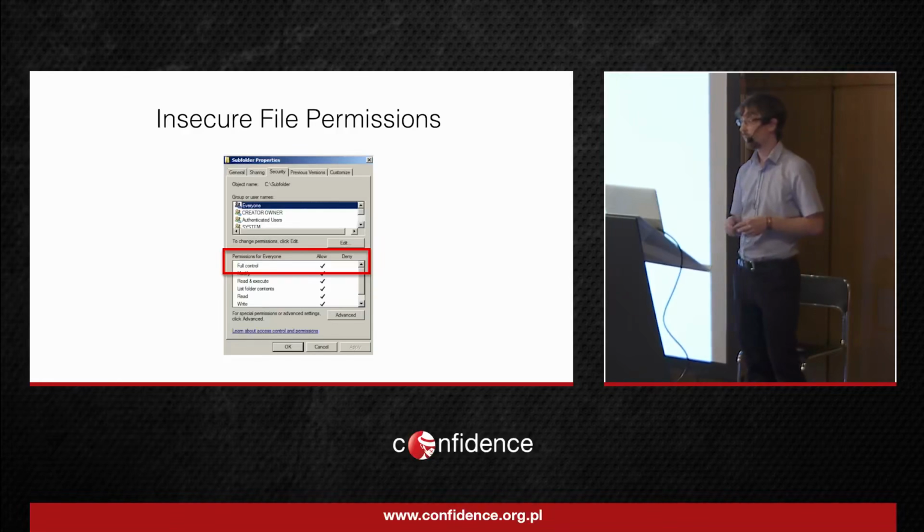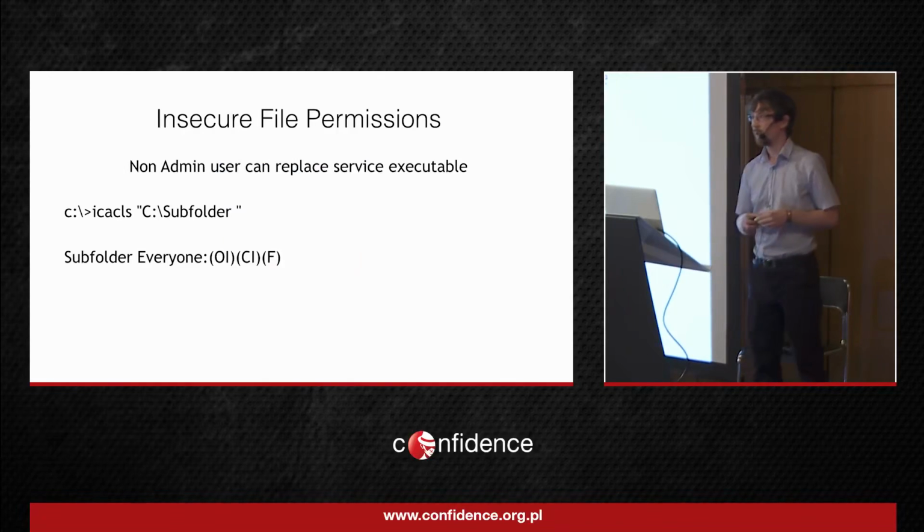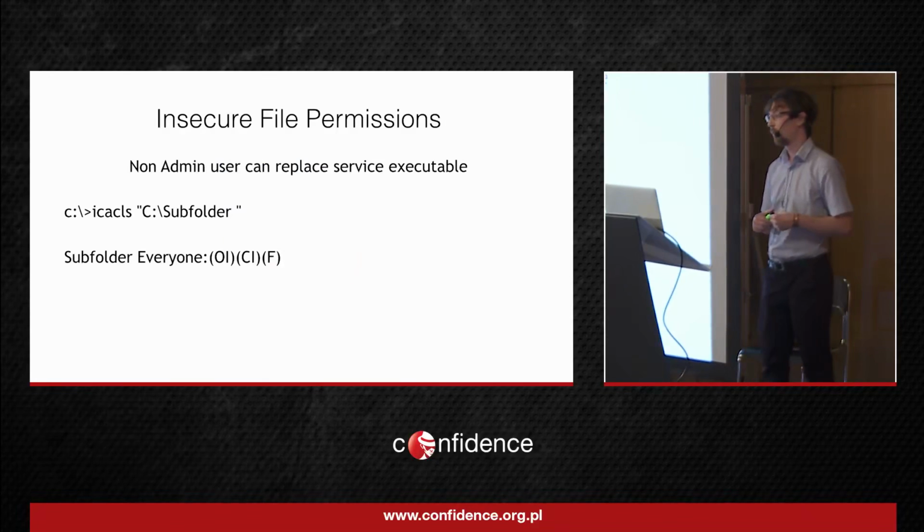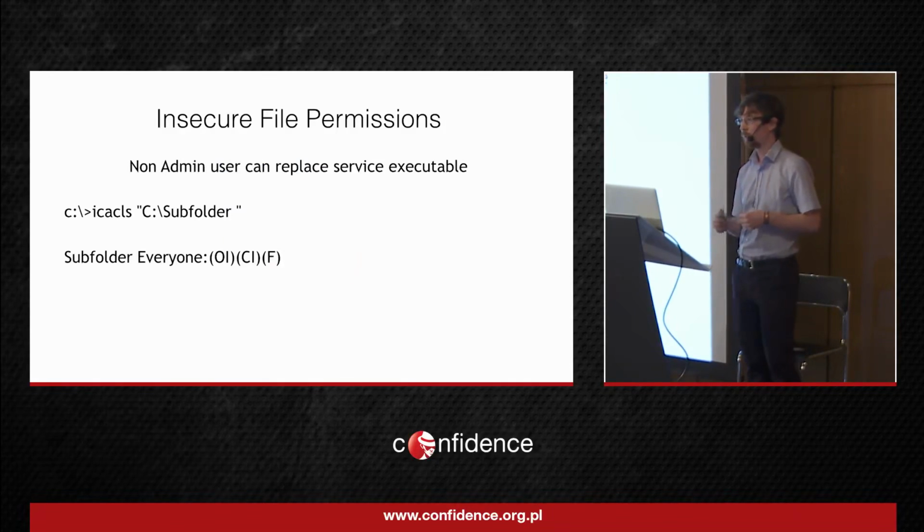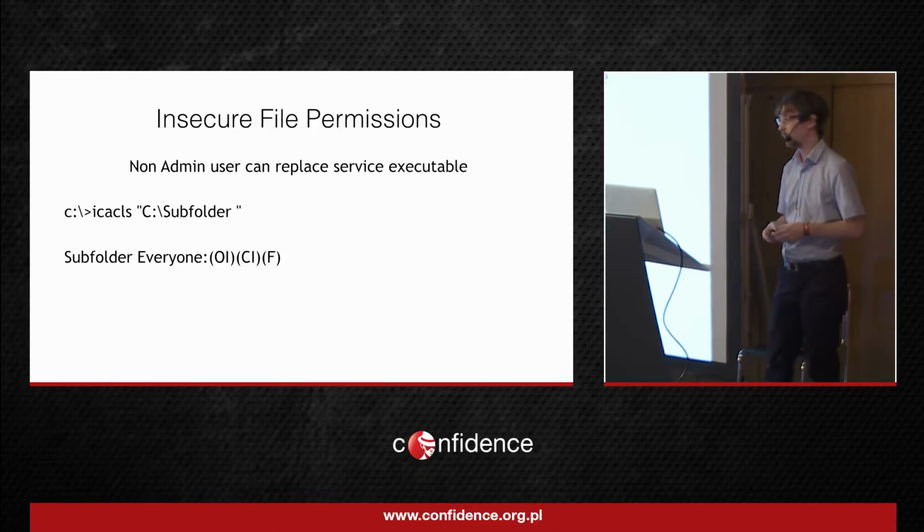So let's think that a standard user has write permission to the folder in which there is some service executable. The standard user can easily replace that executable, and after a system reboot, it will be running with SYSTEM privileges. So instead of the original one, our malicious payload will be executed.